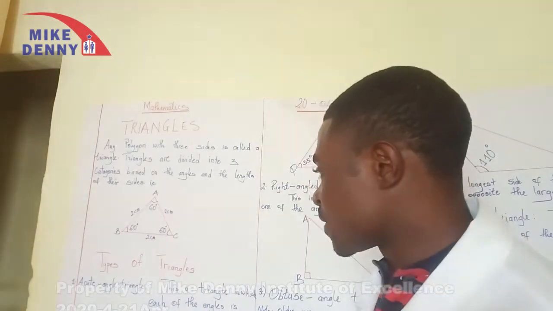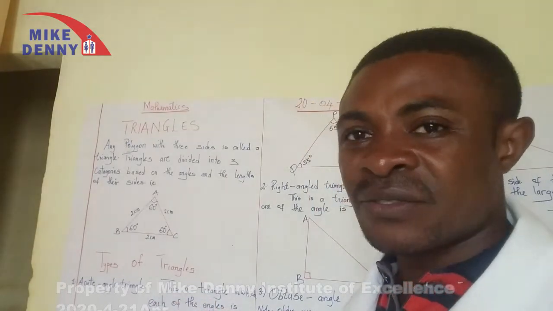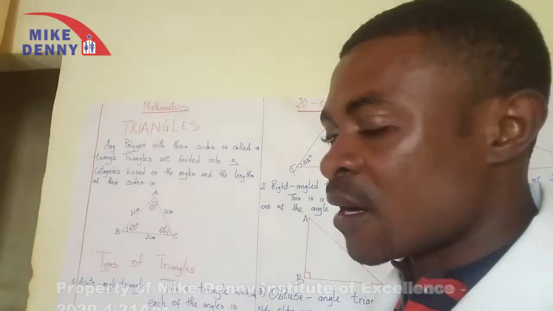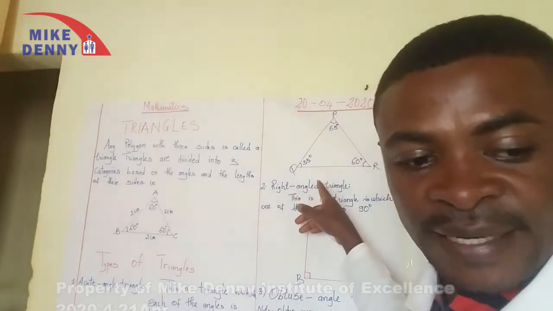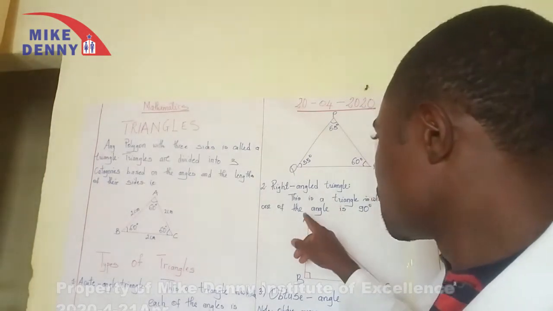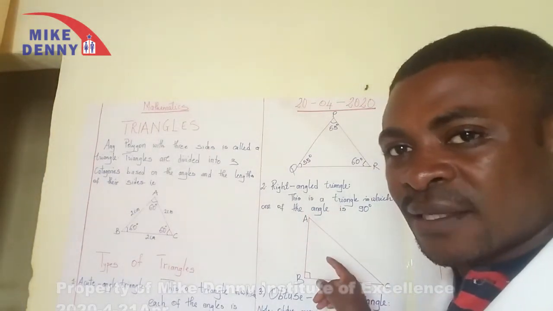Then now the next part is talking about the types of triangle. The first one is the acute angle triangle. So we have the definition for acute angle and an example. Then we'll take the next, which is the right angle triangle. You have the definition for it with the structure, the way it looks like. That's a diagram.